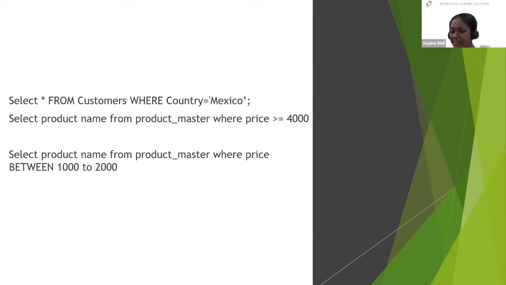So when I do a select star from customers where country equal to Mexico, what will it show me? Anybody can guess?